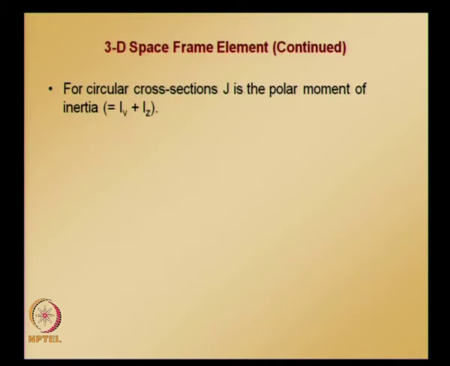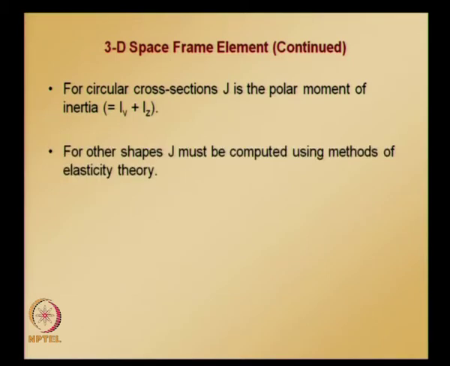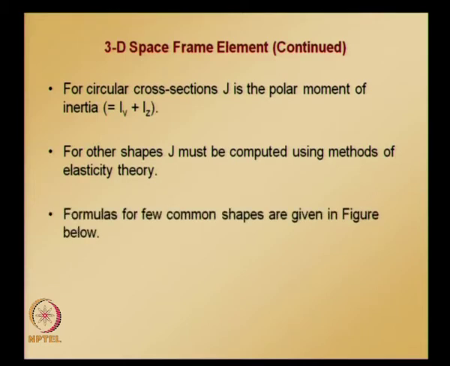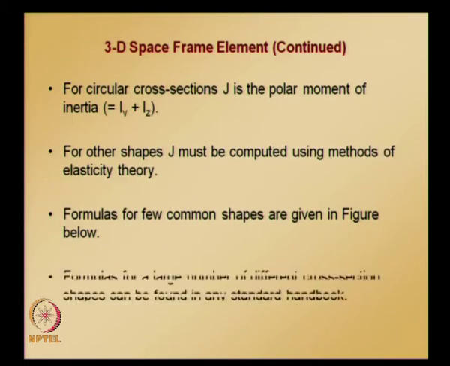For a circular cross section, J is the polar moment of inertia, which is the sum of Iy and Iz. For other shapes, J must be computed using methods of elasticity theory. Formulas for a few common shapes are given below. Formulas for a large number of different cross section shapes can be found in any standard handbook.